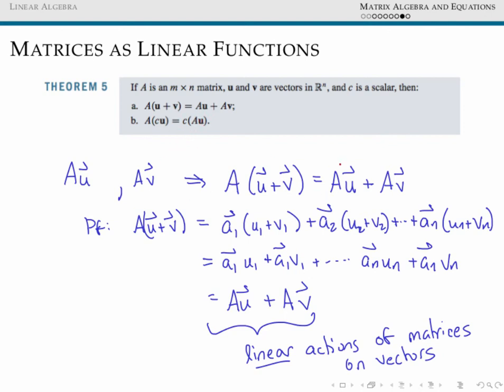So between these two properties, matrix multiplication is linear. And we'll see a little more of this a little later in the course.